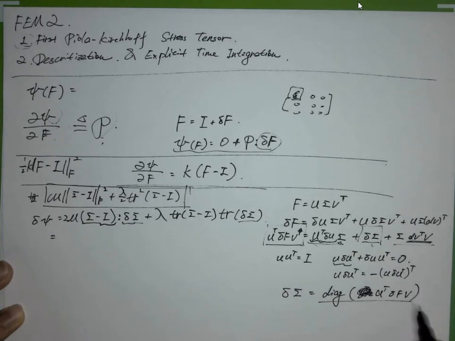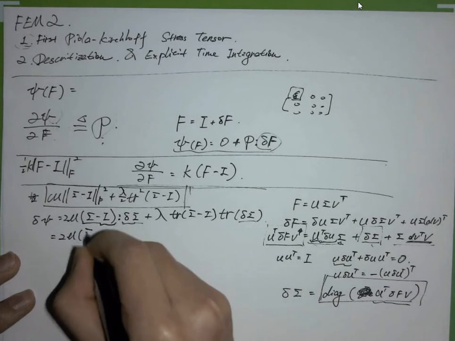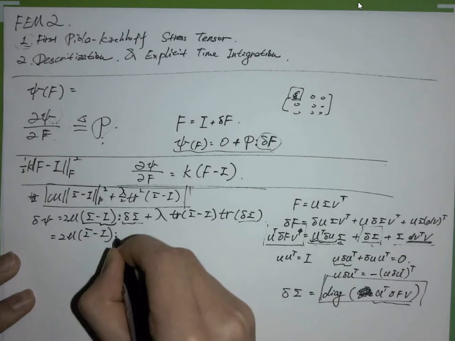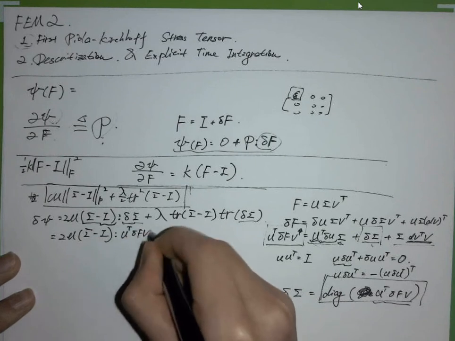If I plug into this matrix, I only care about the diagonal elements, and anything else is not counted. It's sigma minus I double contraction U transpose dF V.